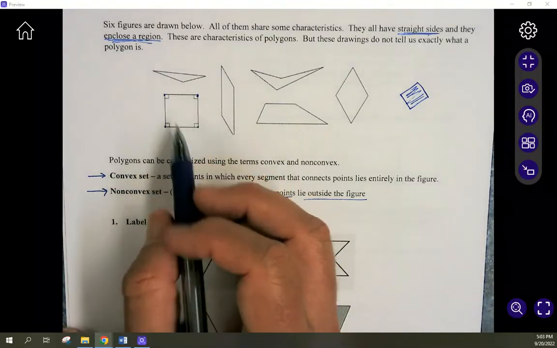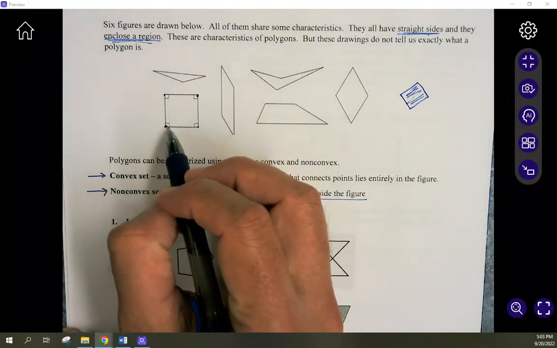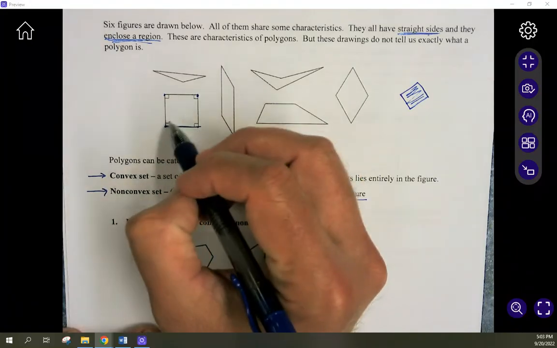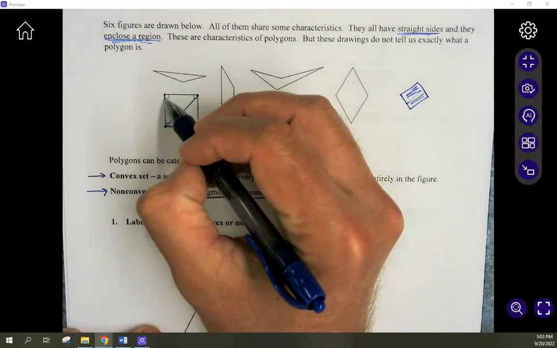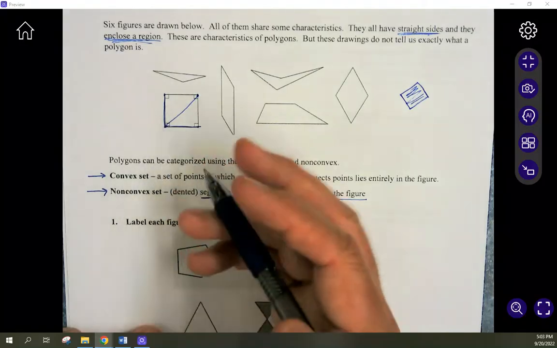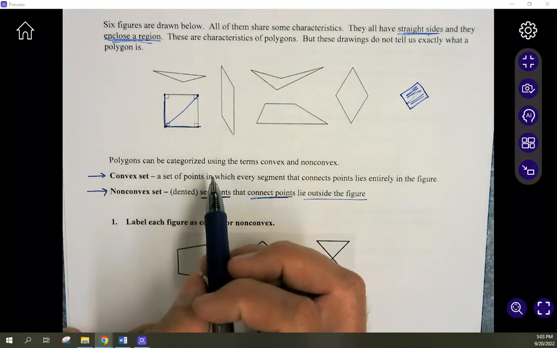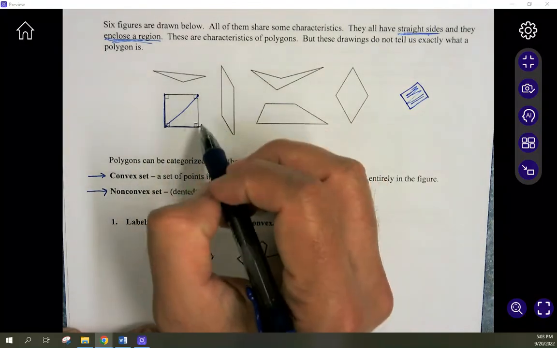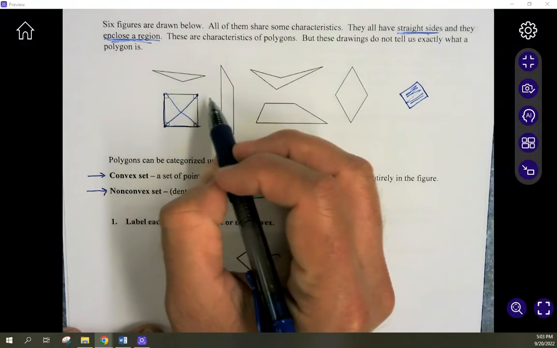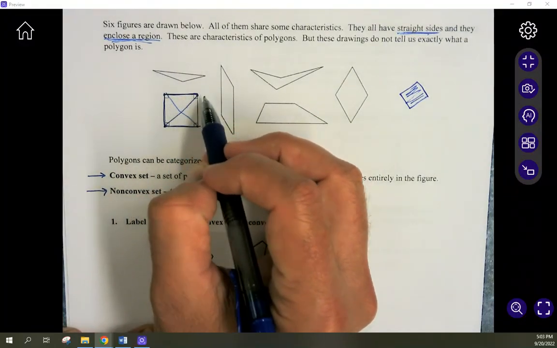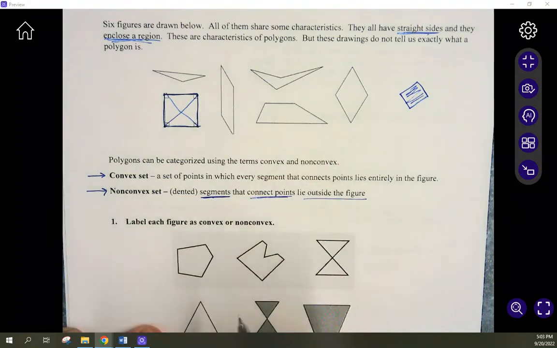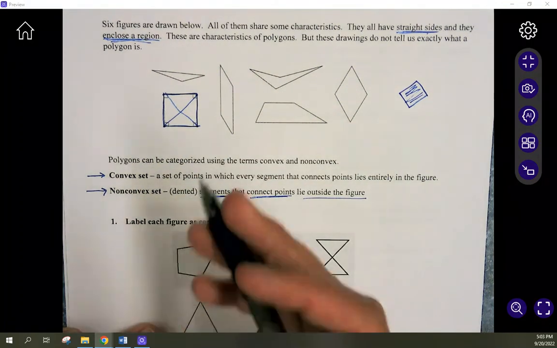So if I look at this shape right here, there's 4 points. And if I connect any of them with a segment, all of those segments are inside the shape. The edge counts. None of these segments, even if I go from this one to this one to this one, any points that I connect are inside the shape.